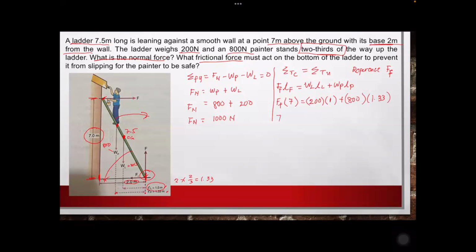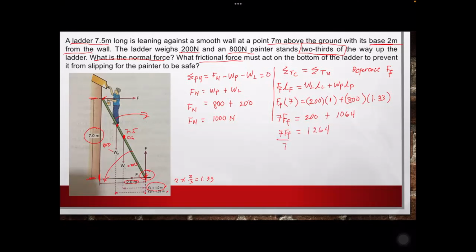So magkakaroon tayo ng 7 frictional force. 7 of the frictional force is equal to 200 plus 800 times 1.33, this will be 1,064. Then 7F sub F is equal to 1,264.